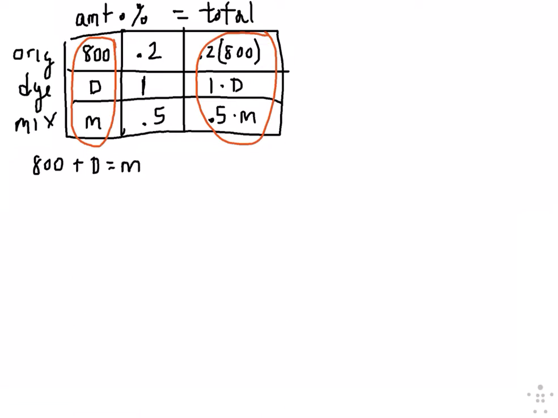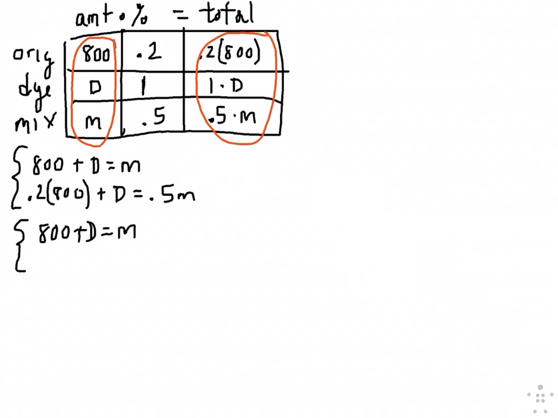The right-hand column becomes 0.2 times 800 plus 1D, which is D, equals 0.5 M. So there's the two equations. If I simplify, I have 800 plus D equals M. The last one, 0.2 times 800 is 160, plus D equals 0.5 M.